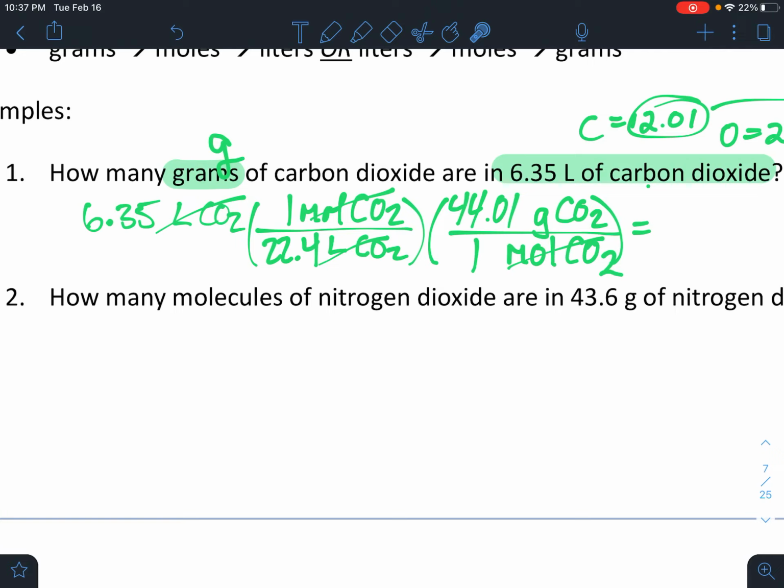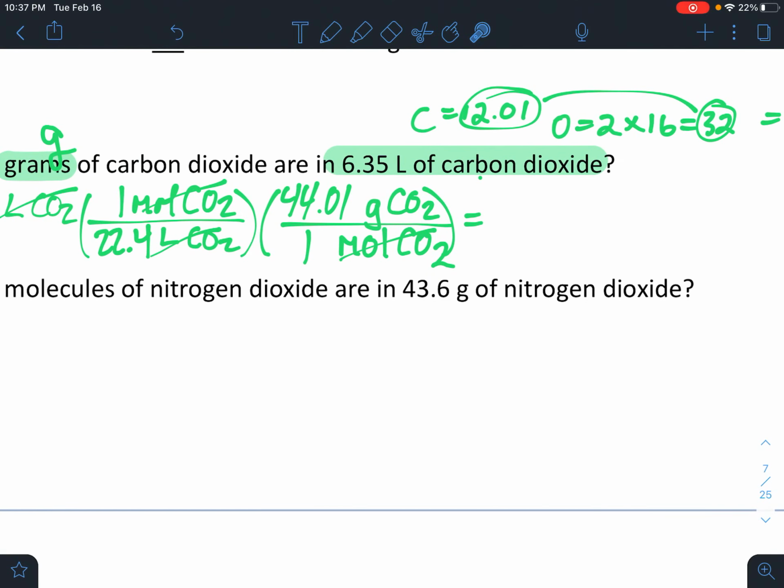So as I plug this in my calculator, I'll say it out loud. We have 6.35 times 1 divided by 22.4 times 44.01 and then divided by 1, but it's going to be itself.